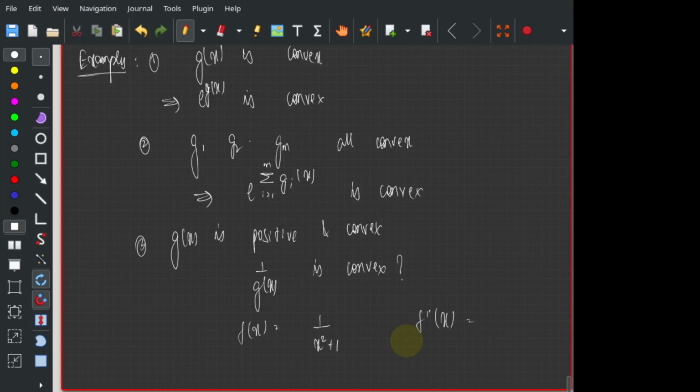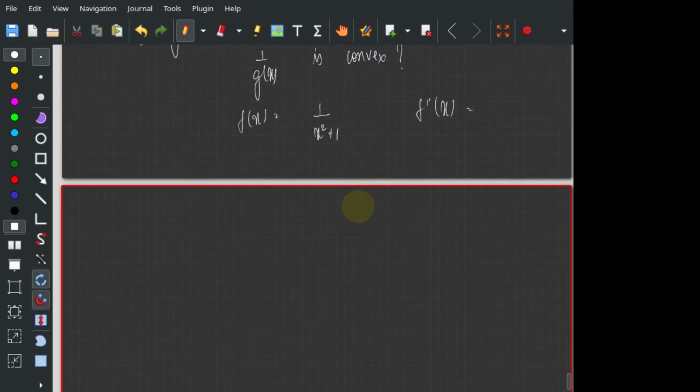Also, if we take any x1 and x2, say some value a and minus a, the line must be lower than the value. So the point is that if you look at f, you know that f of 0 is 1.